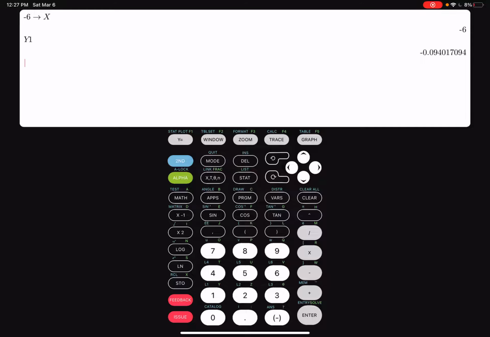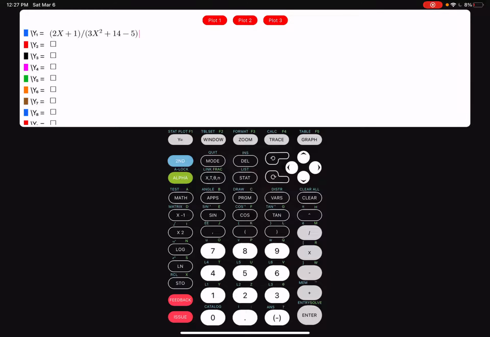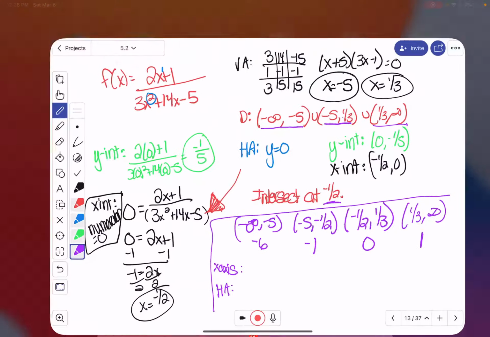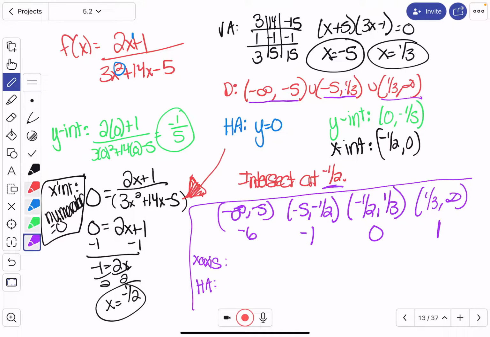So 3x squared plus 14x minus 5. Well, that's different than what I got. 2x plus 1, 3x squared plus 14x minus 5. Negative 6 stores x, y1. Let me just make sure I'm typing these things right. 2x plus 1, 3x squared plus 14x minus 5.